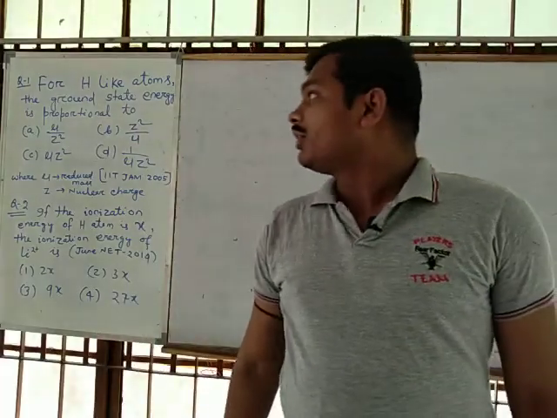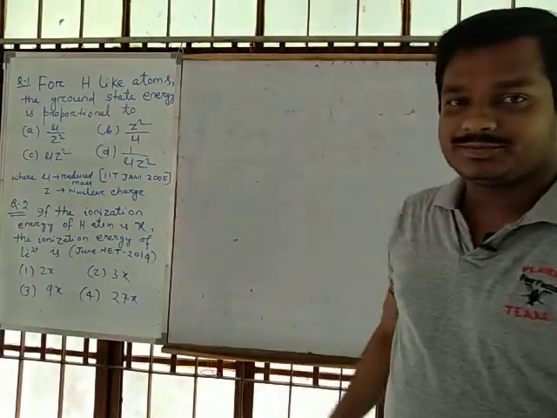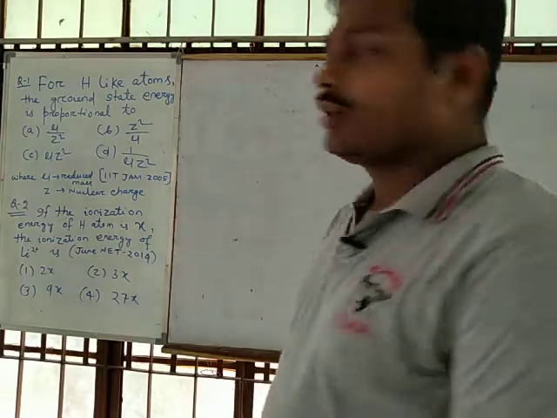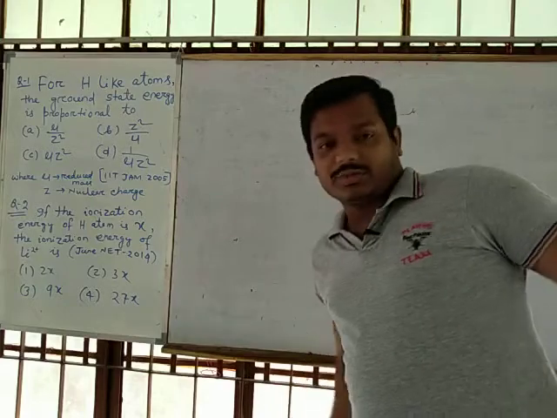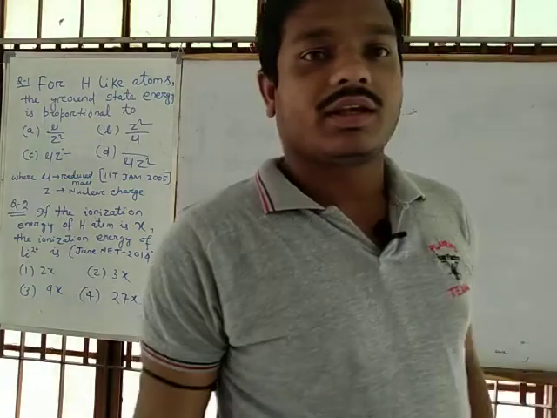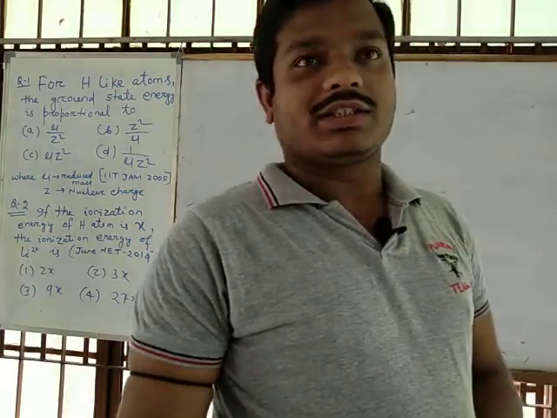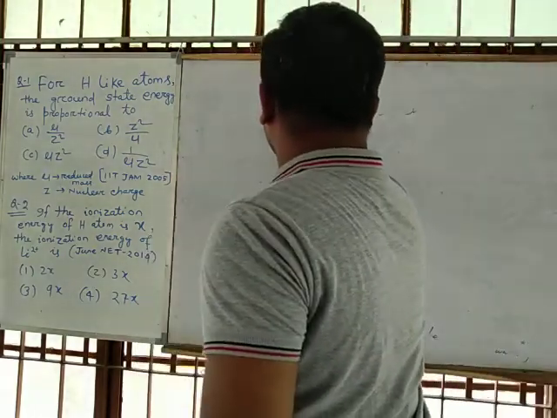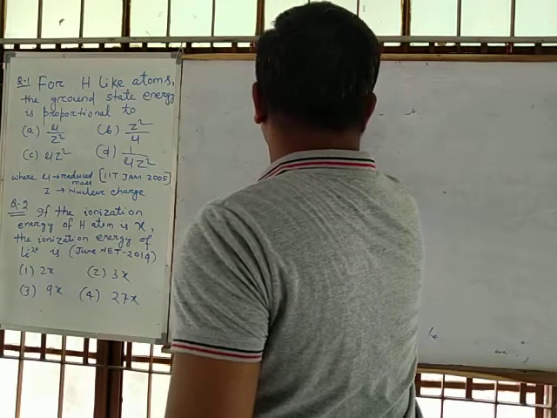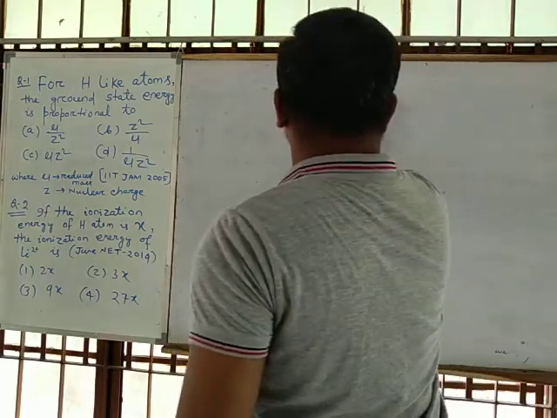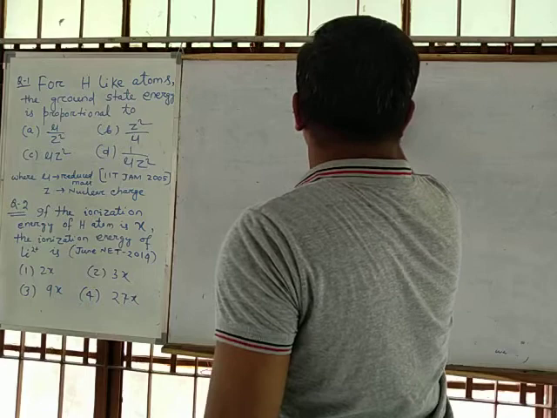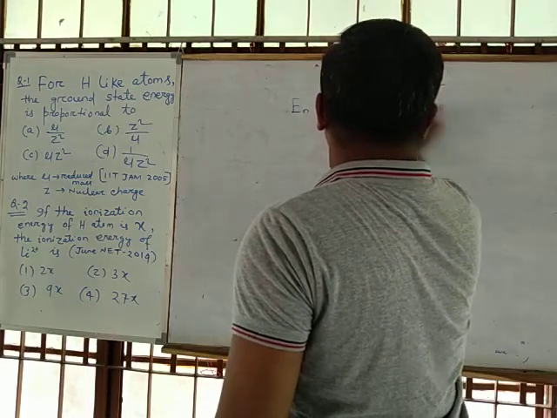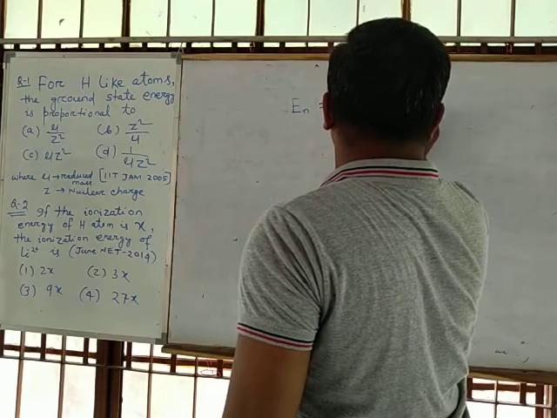Today we solve this type of problems which is based on Bohr atomic theory. According to Bohr atomic theory, whenever an electron revolves around the nucleus, it possesses a fixed amount of energy, and the energy can be calculated as E for the nth orbit equal to minus 2 pi square m e to the power 4 Z square by n square h square.